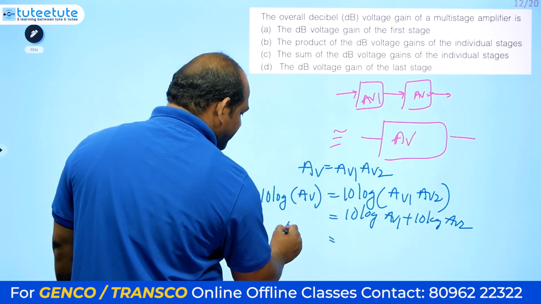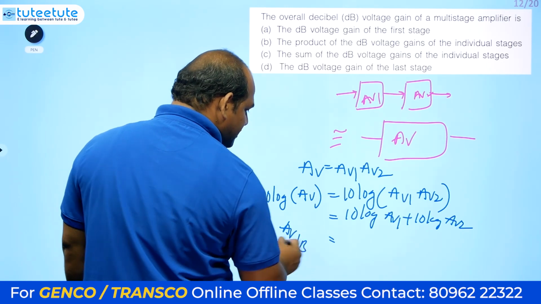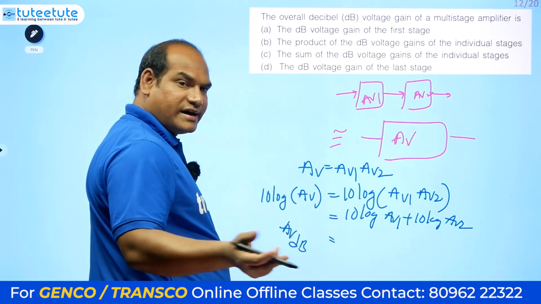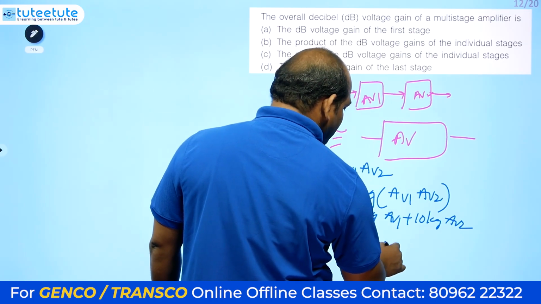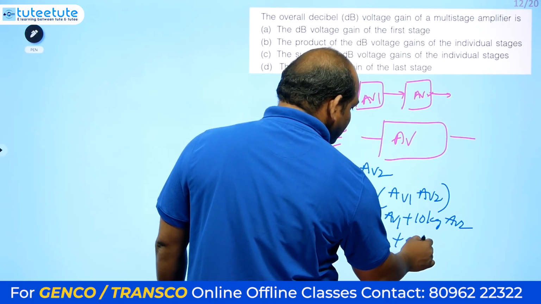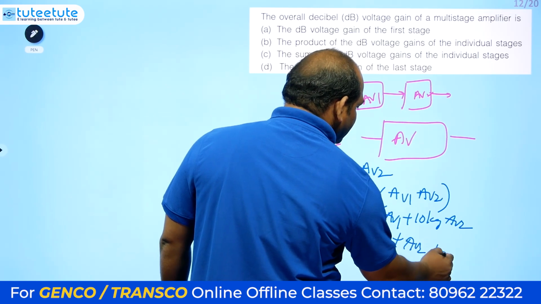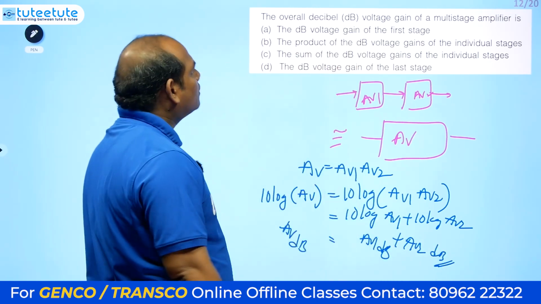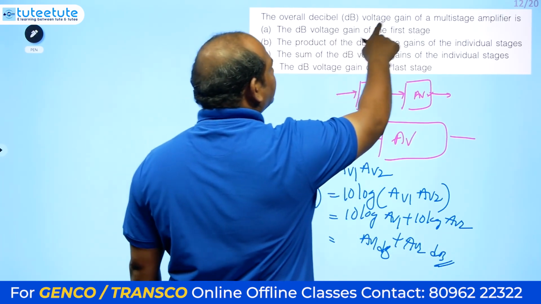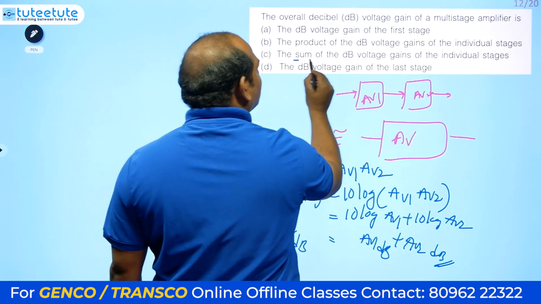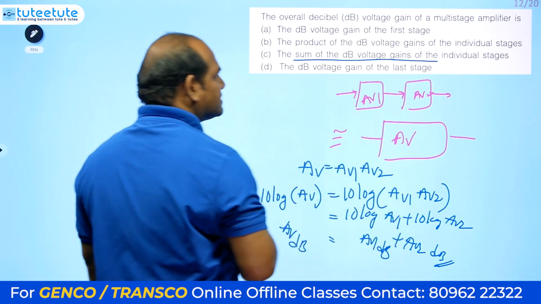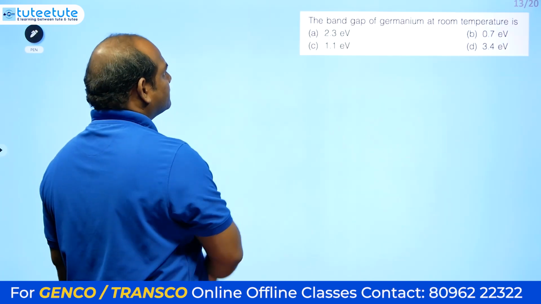So AV in dB is equal to AV1 dB plus AV2 dB. That means we have to do addition. So the gain in dB of the multi-stage amplifier is the sum of the dB voltage gains. So option C is the correct option.